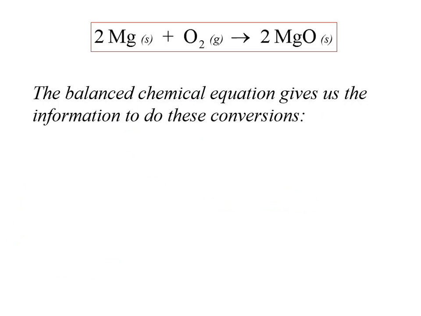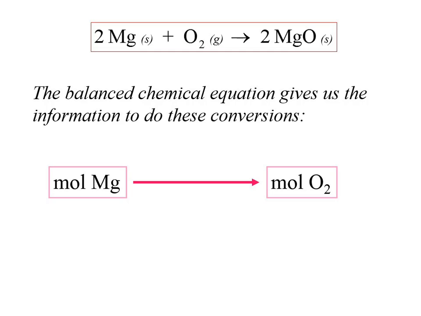Again, this is just the heart of what we generally call a stoichiometric calculation. So we can go from moles of magnesium to moles of O2, using one of those 6 ratios a few slides ago. And we're going to pick this one.